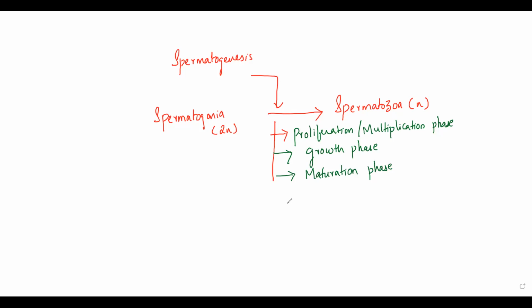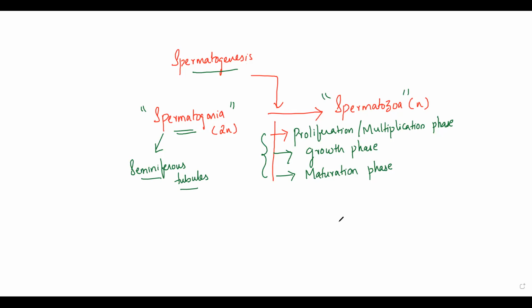So these are the basic phases in spermatogenesis, where we produce haploid spermatozoa from diploid spermatogonia. Where are these spermatogonia? They are present in the seminiferous tubules.